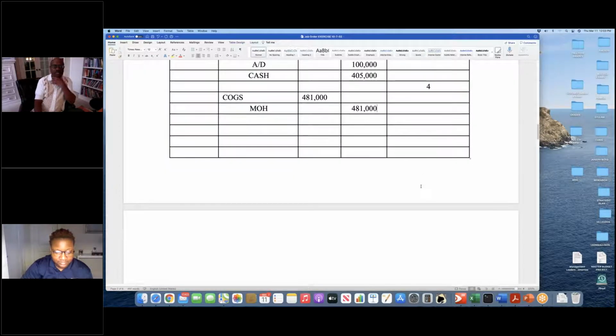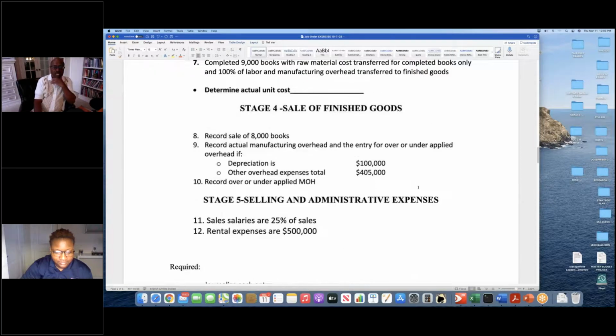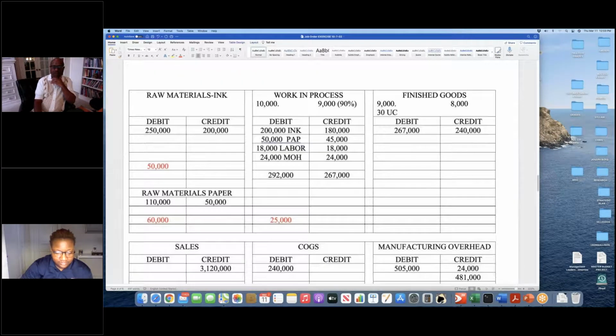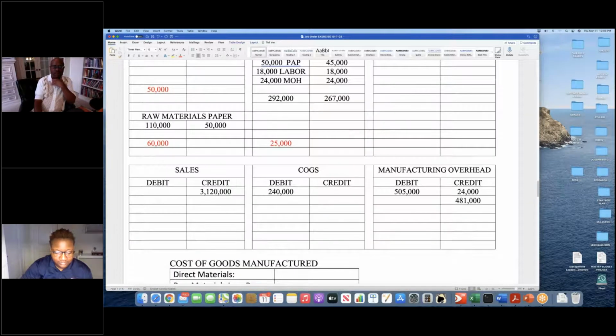So it's 481. When we post the 481, our cost of goods sold is going up because we didn't have enough costs in it. So these numbers are larger, but hopefully show a better reason for why we're doing it. You said cost of goods sold was 240. Actually, it was 481.